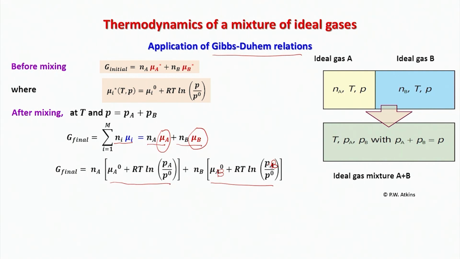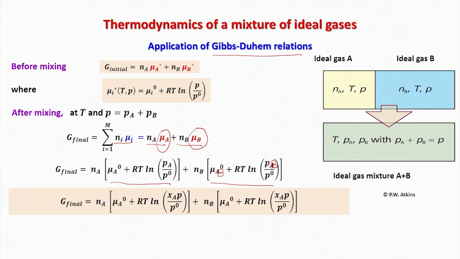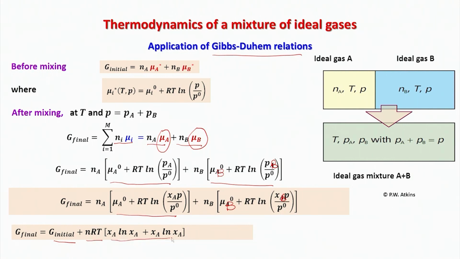Now what you find here is that I have a generic expression for G final, where I have Na multiplied by some quantity plus Nb multiplied by mu B naught plus RT ln xbP by P naught, and therefore G final can be very easily shown to be equal to G initial plus nRT into a term which is xa ln xa plus xb ln xb.